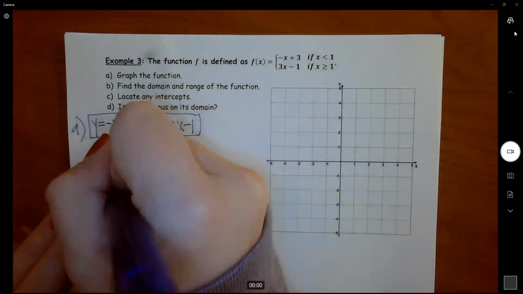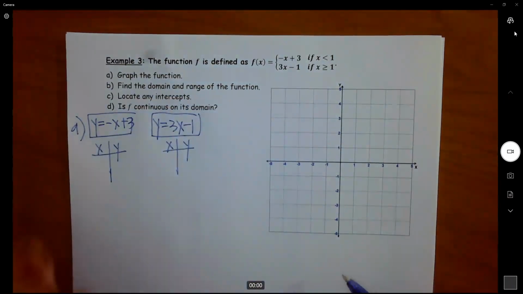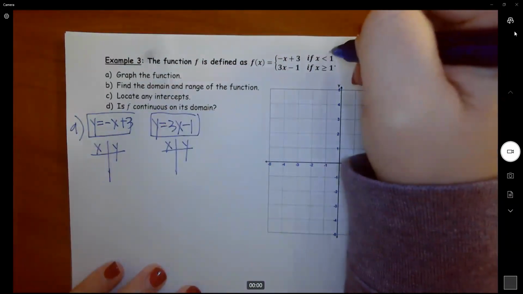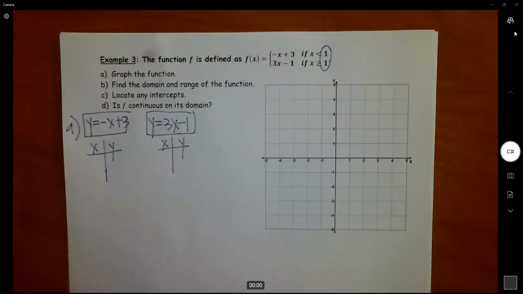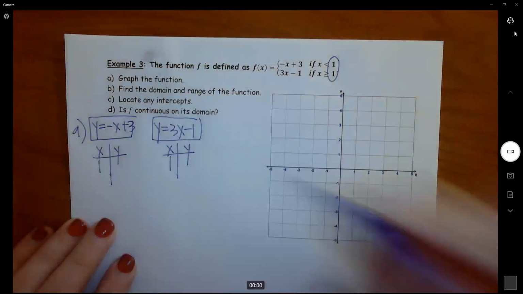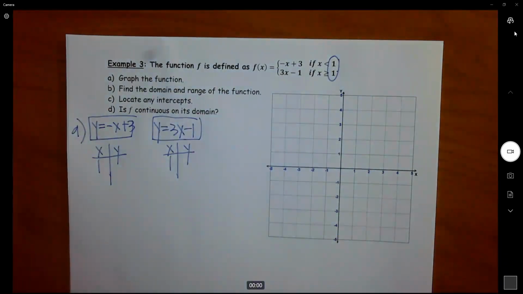I at least need 2 points in here. The point that we have to pick is 1, because that's where it shifts from one equation to the other. So I'm going to put 1 in here first.